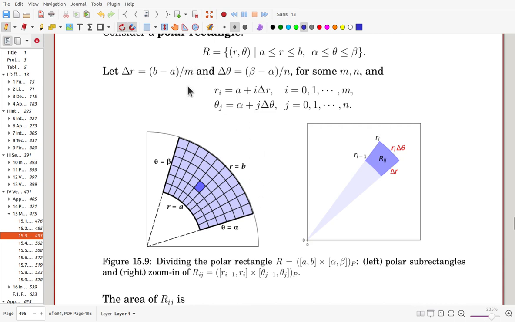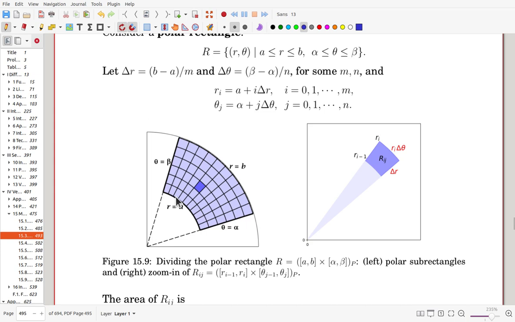So with m and n points, we divide the polar rectangle into subregions. Each point has a value: here a, which is r0, r1, r2, and so on. And in angle, that is theta 0, theta 1, theta 2, and the final one will be theta n.